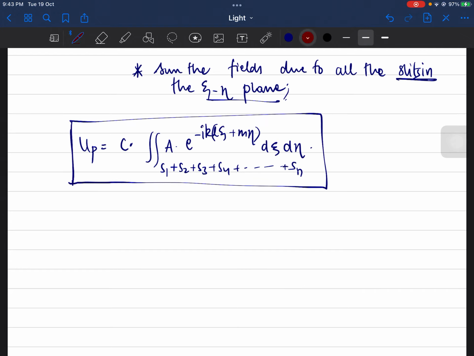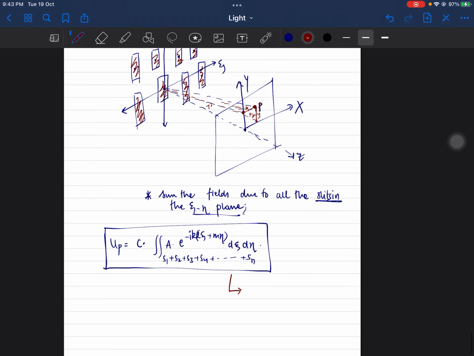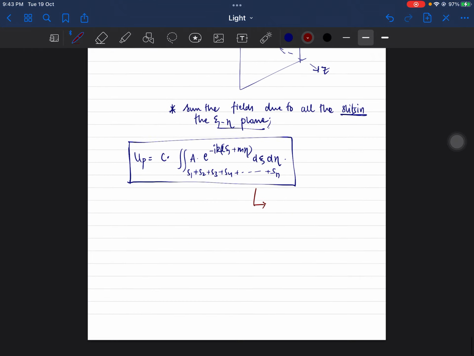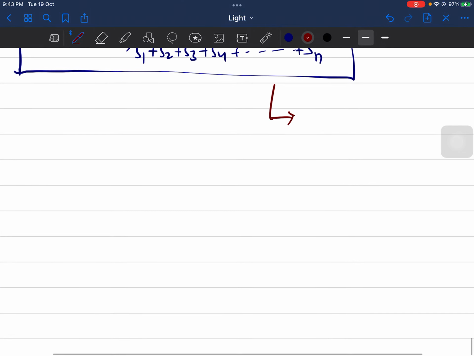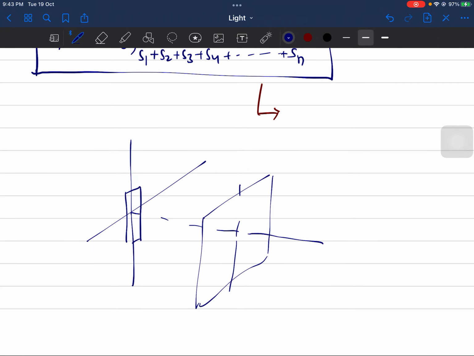Now an important point to note here is that we are considering the integral as this to describe how the integral is. Previously we just had this one slit here and an observer plane here, right?